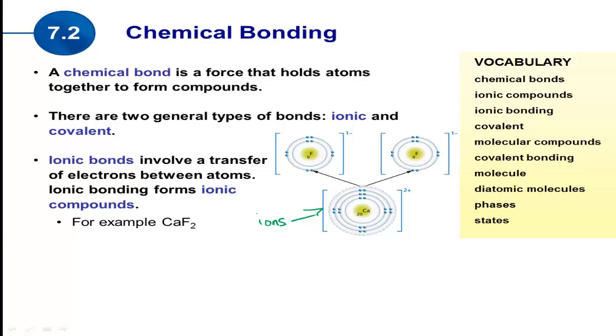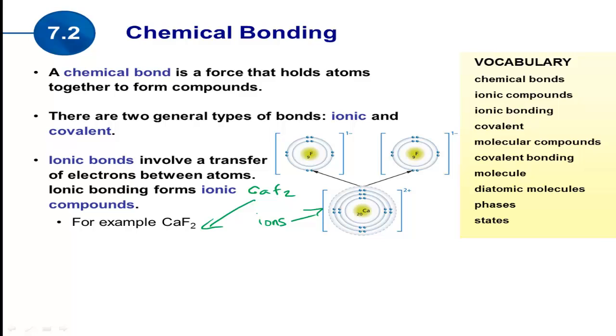So once those 2 electrons, one goes to one fluorine atom, one goes to the other fluorine atom, and of course because fluorine has 7 electrons in its outer shell and wants 8, it now has 8 thanks to calcium, and you'd actually have a formula for this, CaF2, which of course is just there, right?